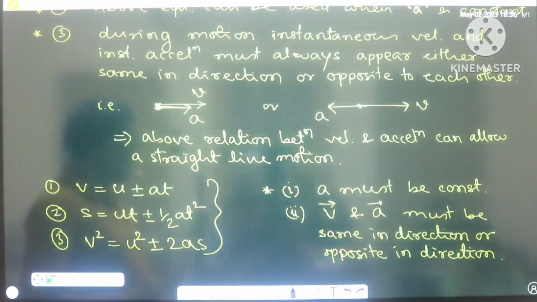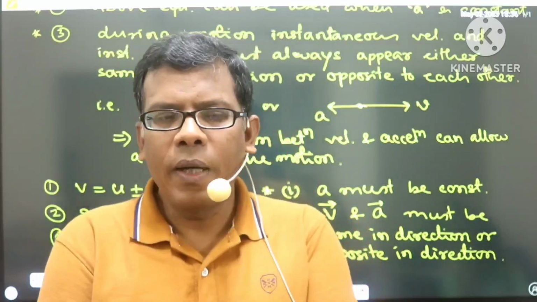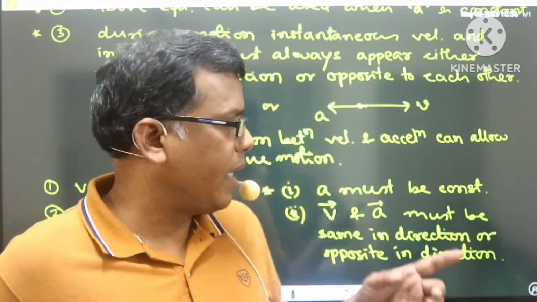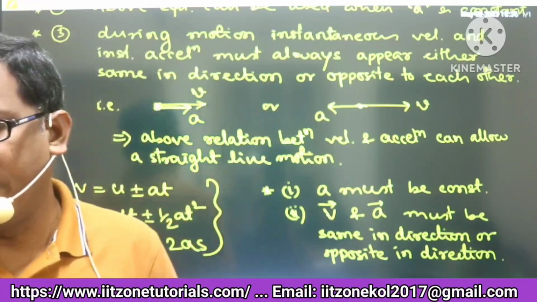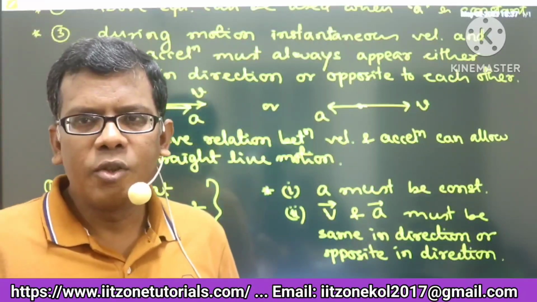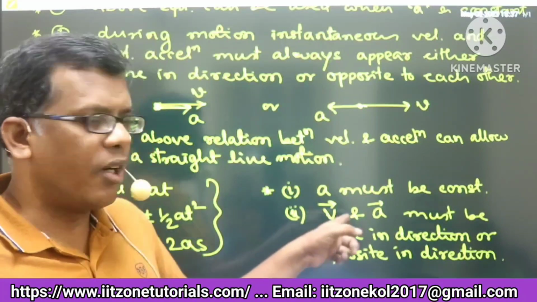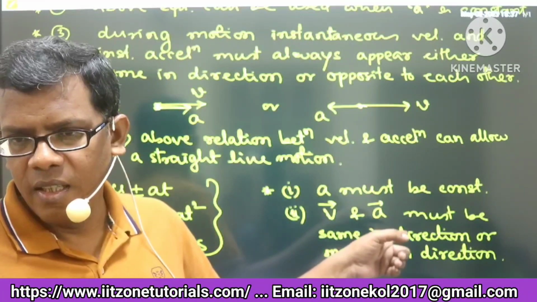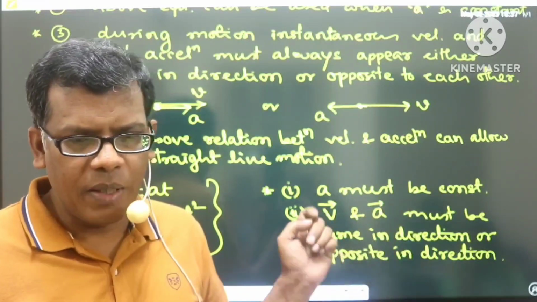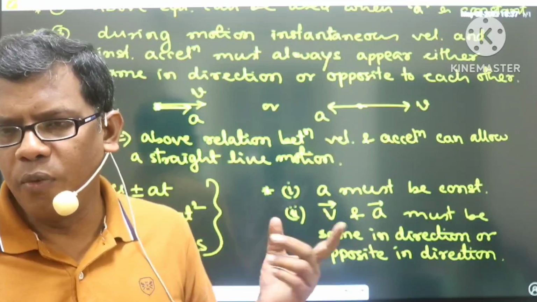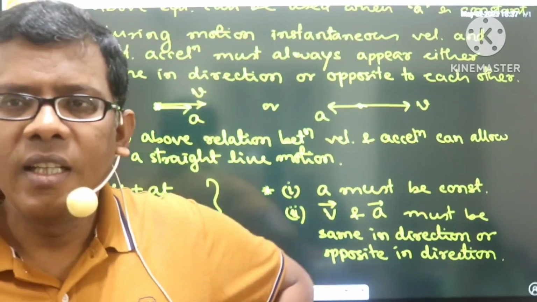What will happen in those cases when a moving particle fails to maintain, suppose the first condition? A particle is definitely moving in a straight line, it is following the second condition, but it is failing to fulfill the first condition. এটা uniform নয়, ধরো variable থাকছে, then what to do?